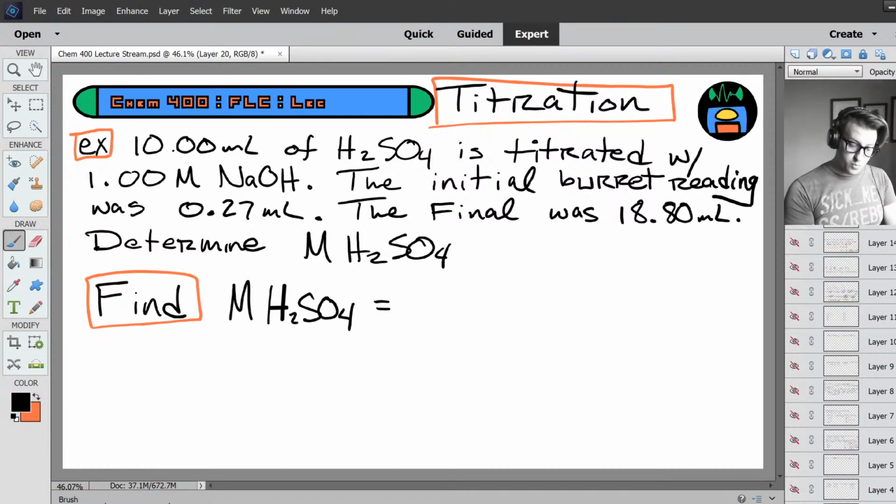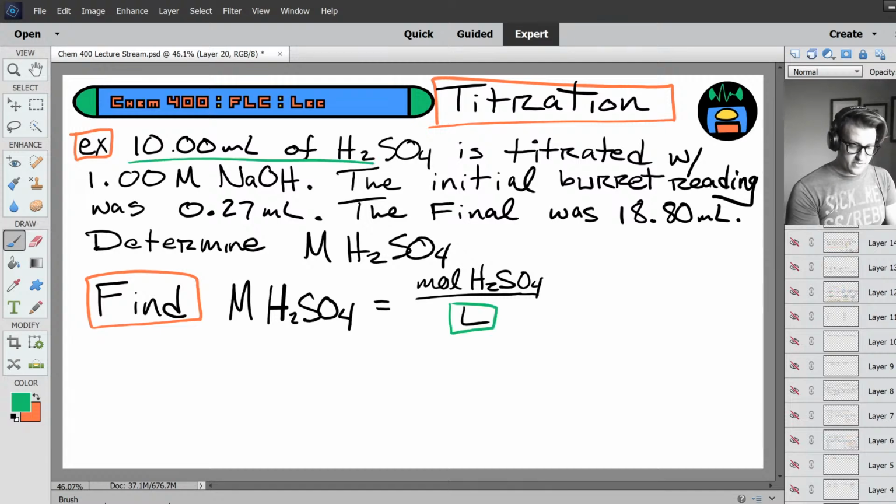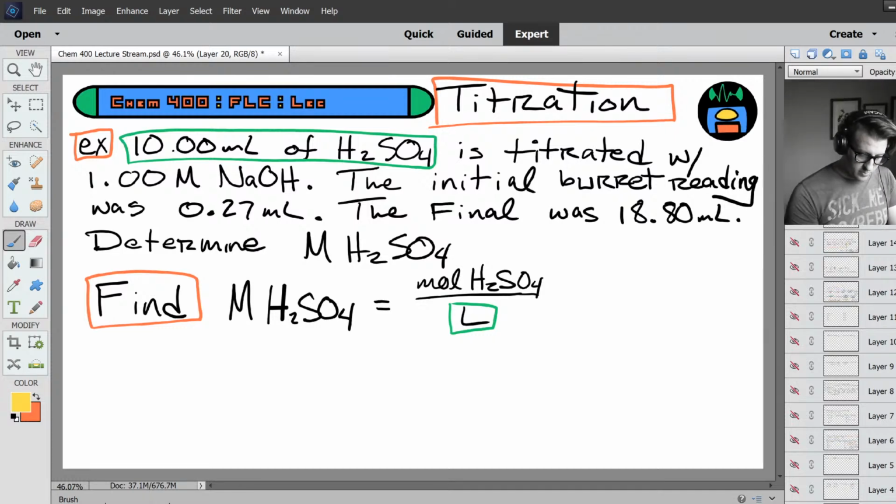All right, so we're being asked to find the molarity of sulfuric acid. Molarity is equal to moles of H2SO4 over liters of solution. And the cool thing is, we've already been sort of given the liters. It's a little bit of a problem, right? Because it's in milliliters, so we've got to do that conversion.